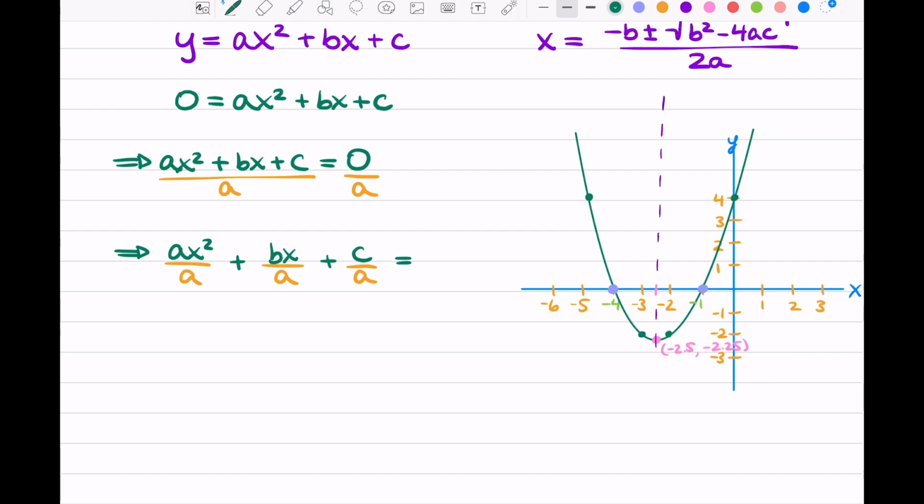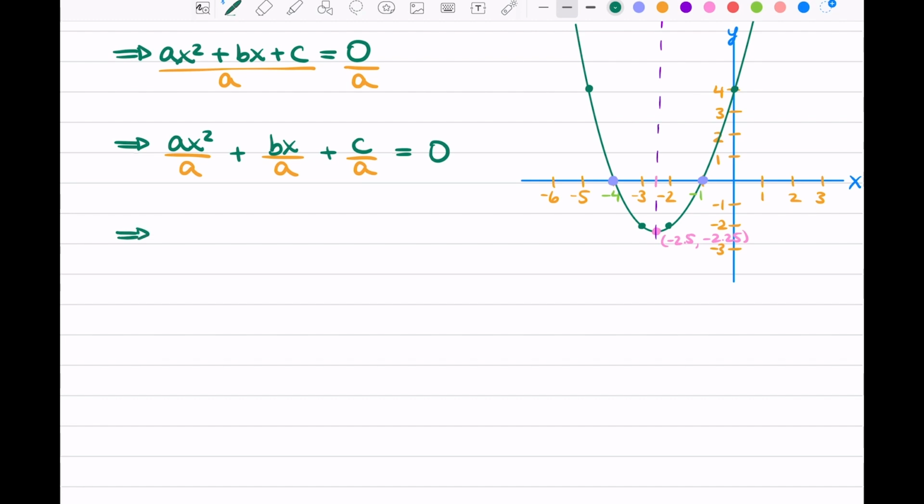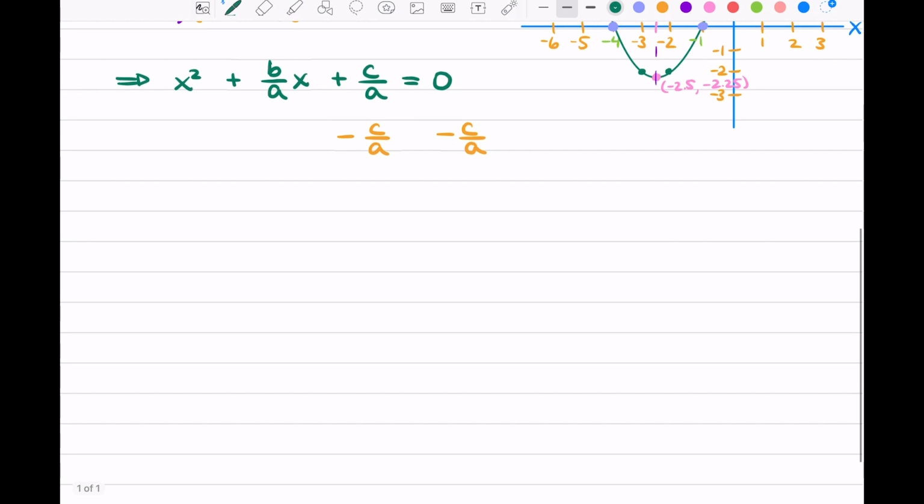And on the right side, 0 divided by a is just 0. Looking at our first term, we can cancel out our a's, leaving us with x squared. Our second term, we're going to rewrite as b over a times x, and we'll leave the rest the same. We'll continue by subtracting c over a from both sides. That gives us x squared plus b over a times x equals negative c over a.